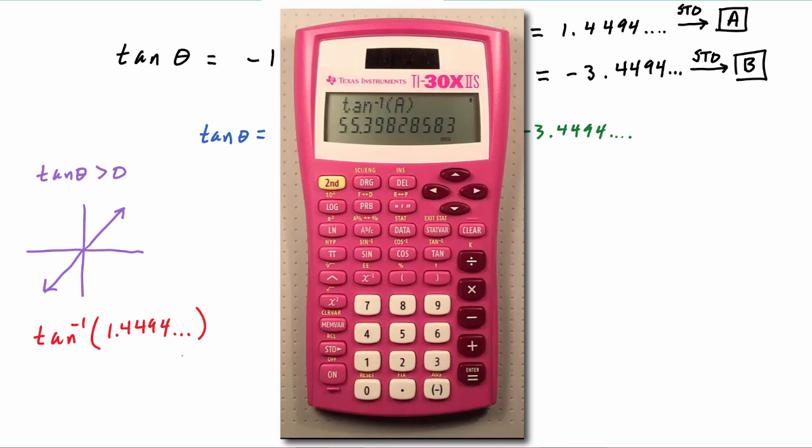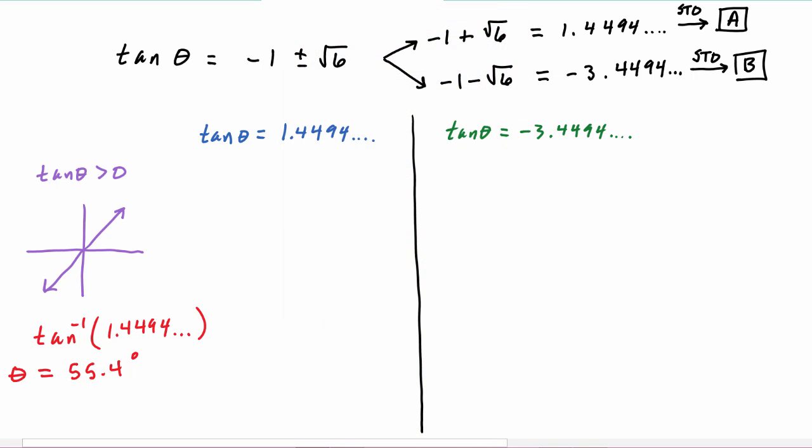And rounding to the tenths place, we see that we are going to get 55.4 degrees. So this is going to be our reference angle. We know in quadrant 1 that's going to give us the angle, so that's going to be 55.4 degrees. We know in quadrant 3 we will have to add 180 plus 55.4 degrees.